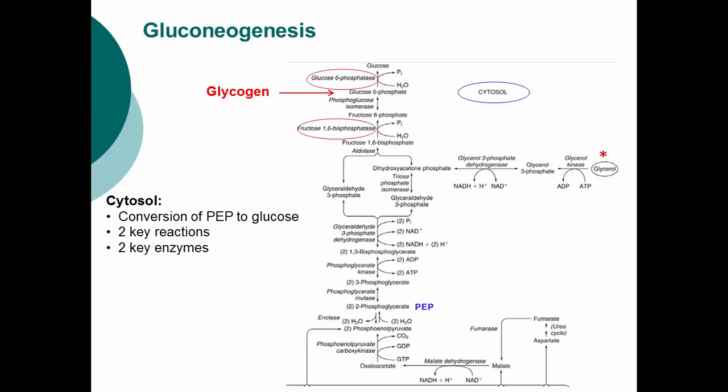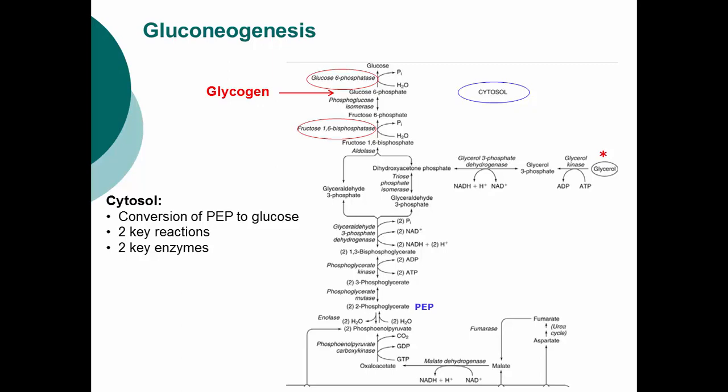So the liver has glucose 6-phosphatase, so liver or kidney, right? Both liver and kidney have glucose 6-phosphatase. That's a key enzyme. That's the reason why the liver and kidney are able to release glucose from glycogen breakdown, but muscle lacks this enzyme, right?